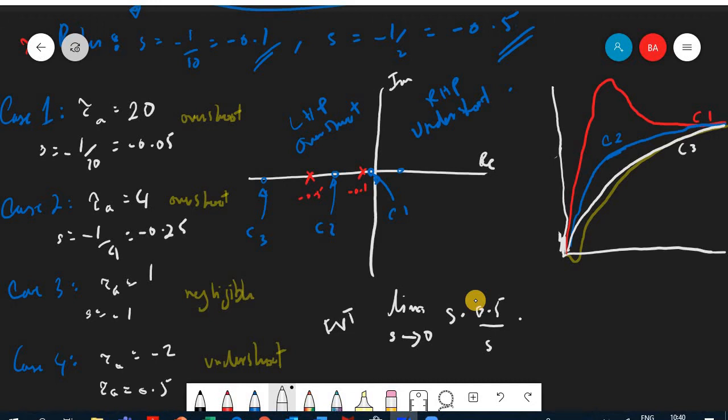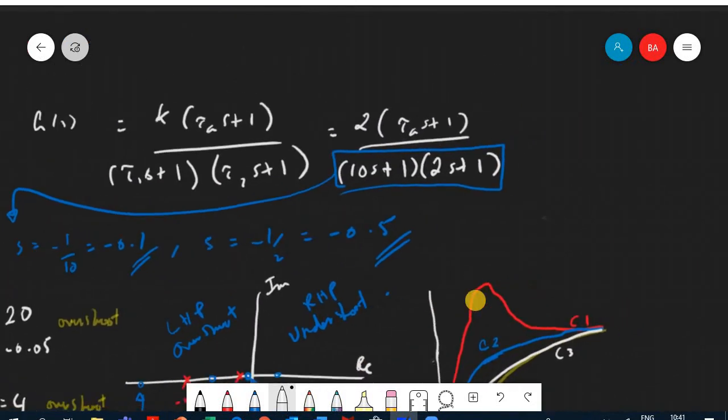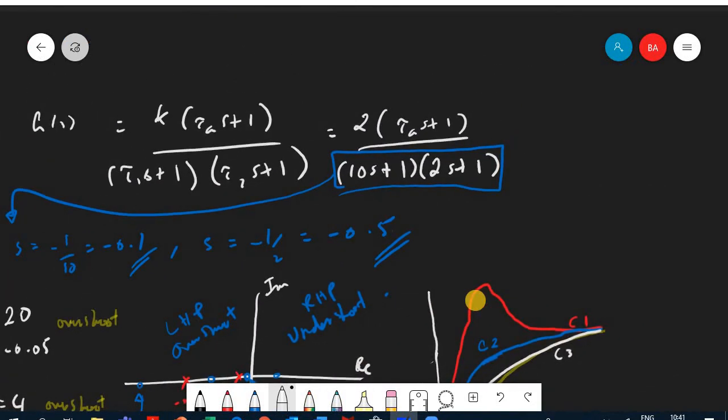You take y of s after you introduce your u of s, right? So this is s into y of s, and then you're going to put y of s. Y of s is what? Is 0.5 over s multiplied by the function that I have. I will just show you the function. G of s is what? Actually, G of s is y of s over x of s.